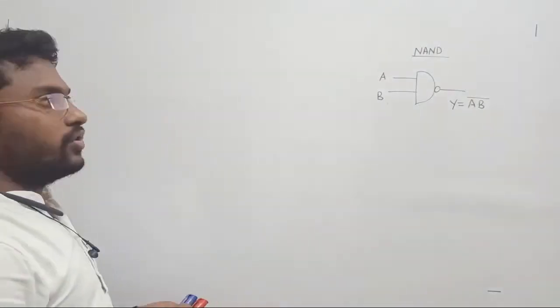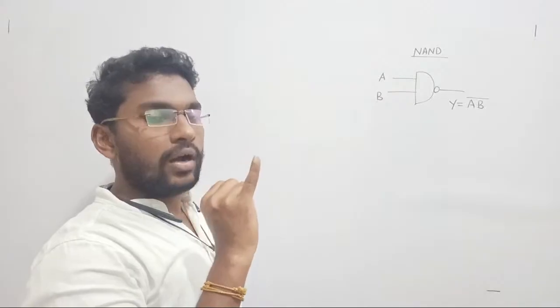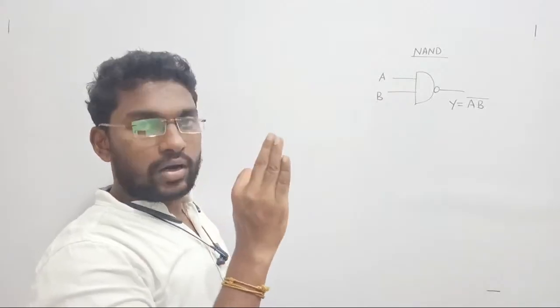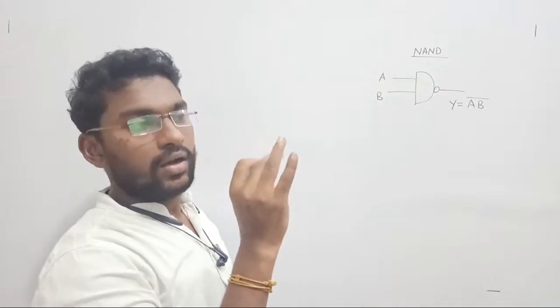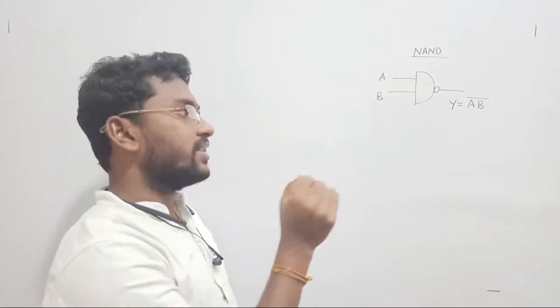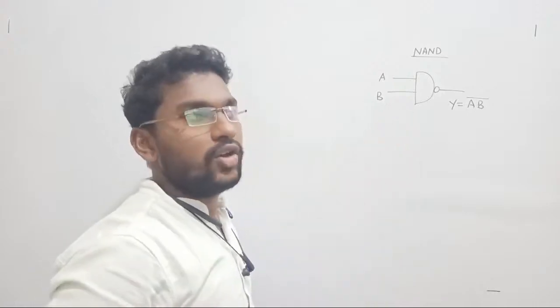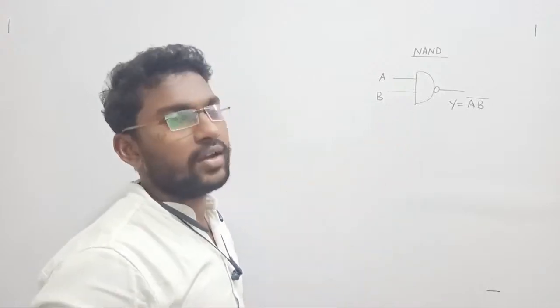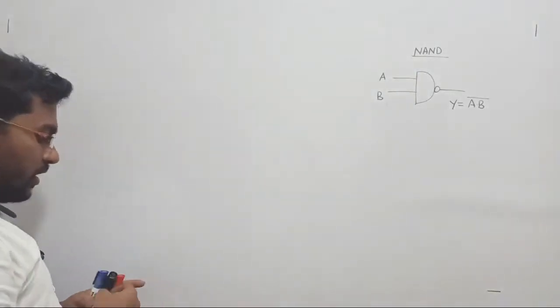Now, using this NAND gate, we are looking to realize 7 gates: NOT gate, AND gate, OR gate, NAND gate, NOR gate, XOR gate, XNOR gate. We have to realize these 7 gates with the help of this NAND gate. You might think of the other 6 gates, okay. I am treating NAND itself as a gate also. Yes. Let's see.